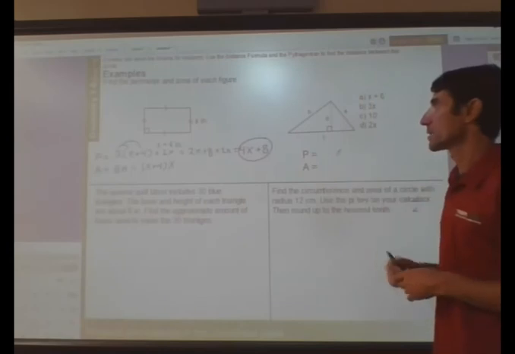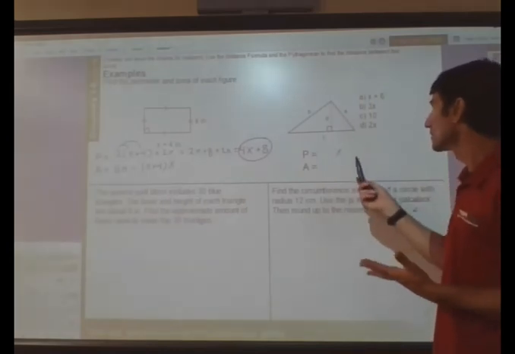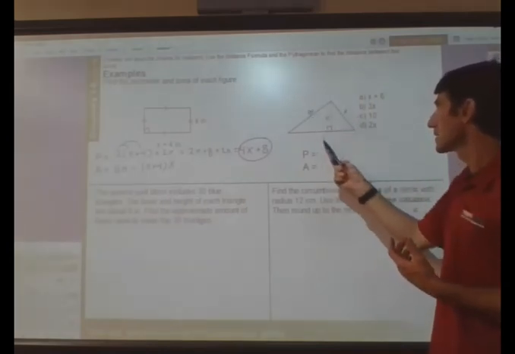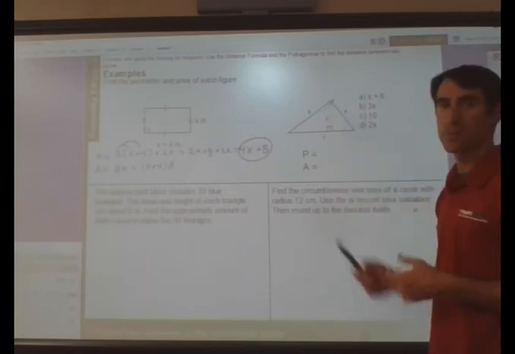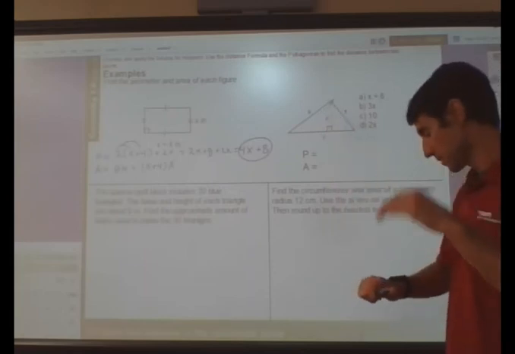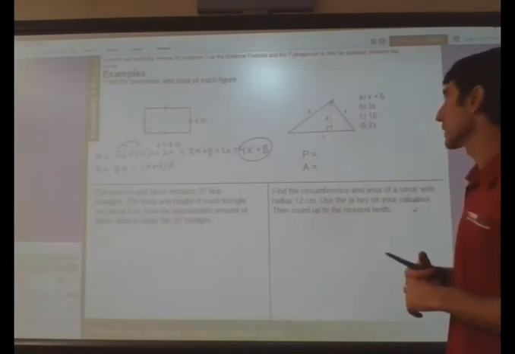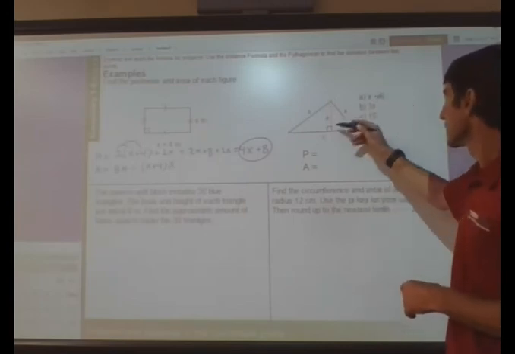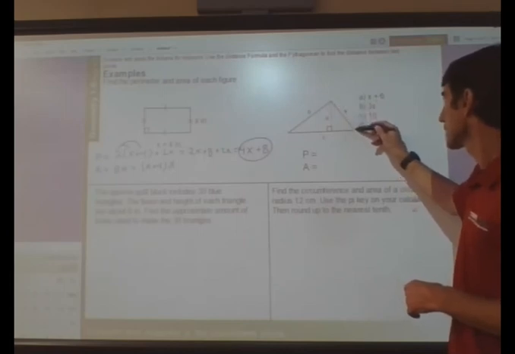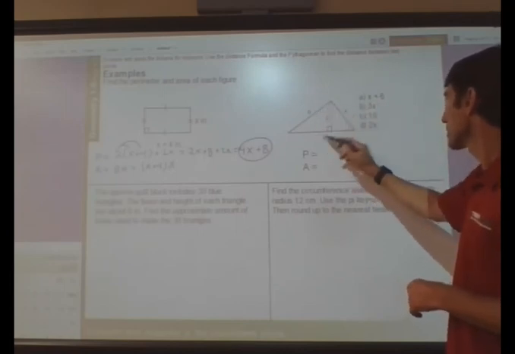For the second example, we have a triangle, and we have A, B, C, and D. D being the perpendicular distance from the base to the height. All right, so let's take a look at this. A is x plus 6. B is 3x. C is 10.